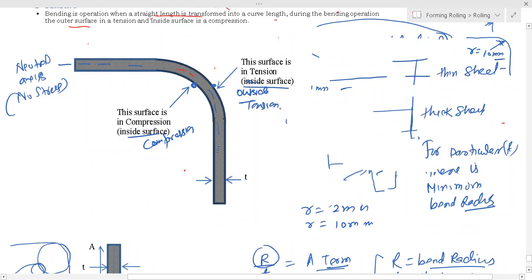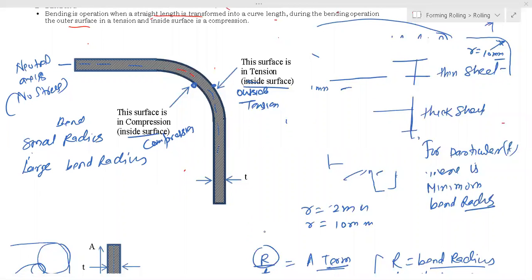Then we discussed a small bend radius and a large bend radius. We can make a 90-degree bend with a smaller one and also with a bigger one.